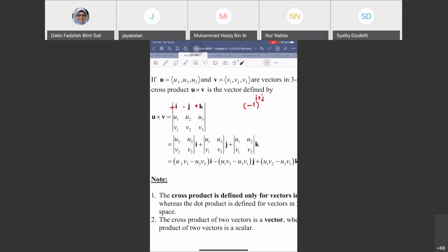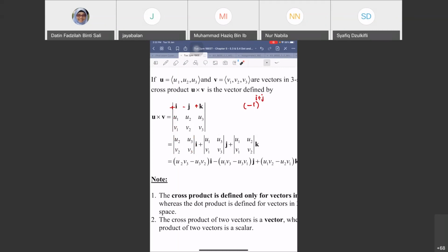But back to this one. By selecting the first row, you have positive i followed by the determinant of your 2 by 2 minor. For the 2 by 2 minor, you just need to cover your first column, the i column.